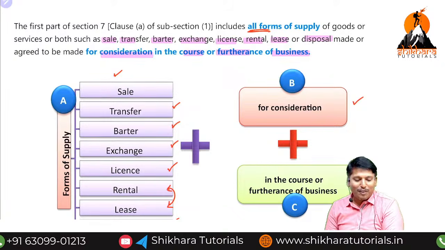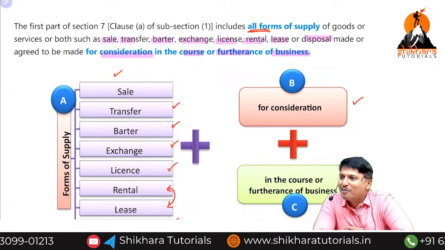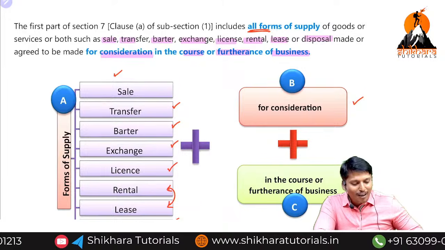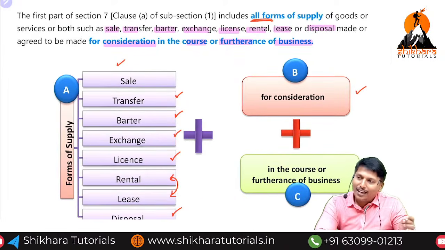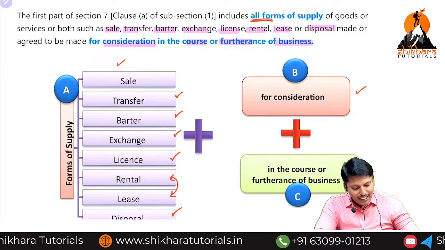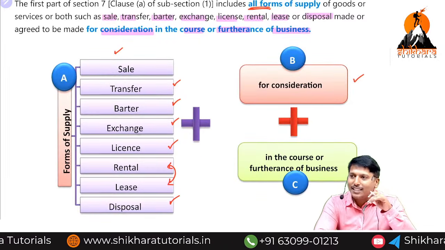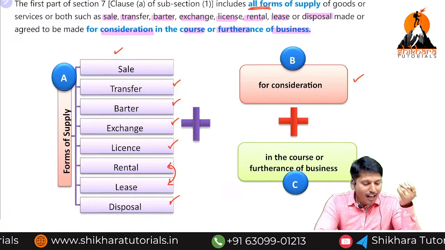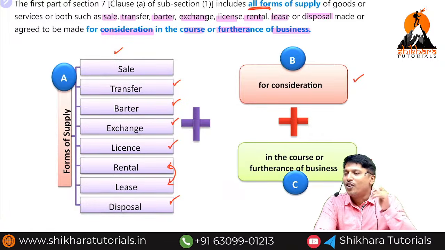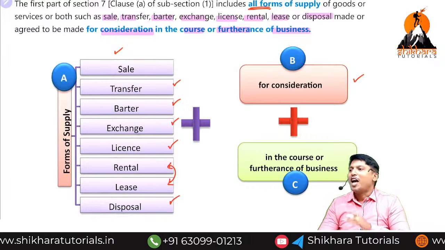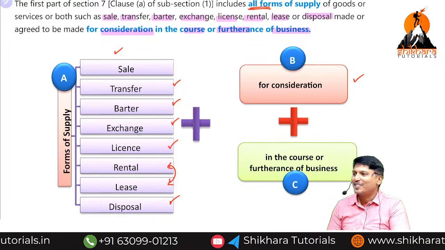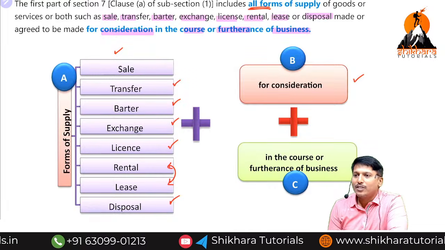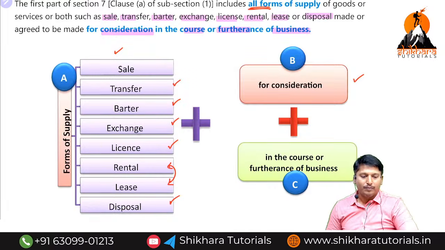With consideration, the first point: all forms of sale, transfer, barter, exchange, license, rental, lease, disposal for consideration in the course or furtherance of business amounts to supply, either a good or a service. Any doubts?